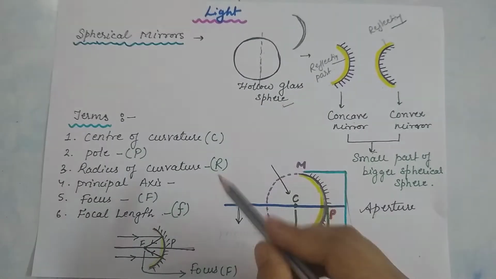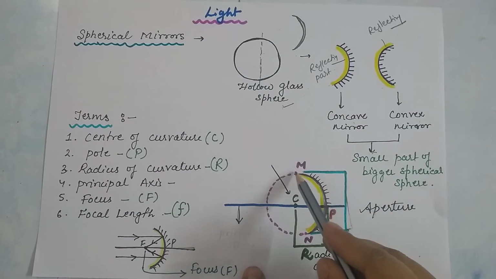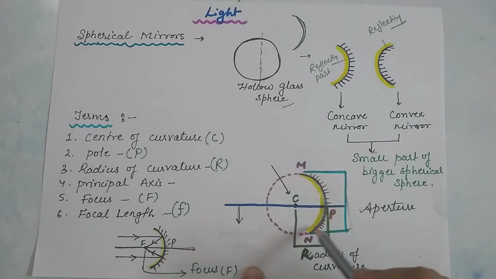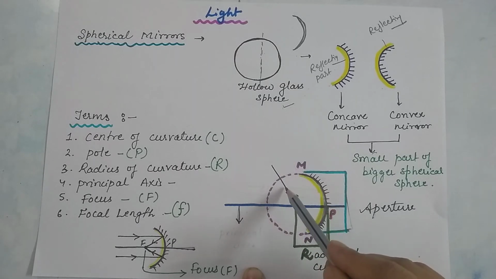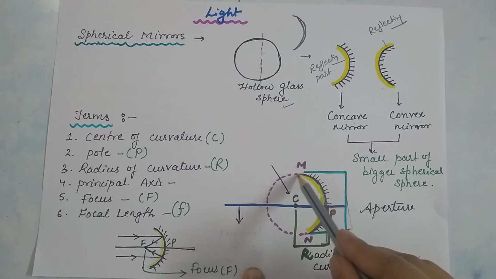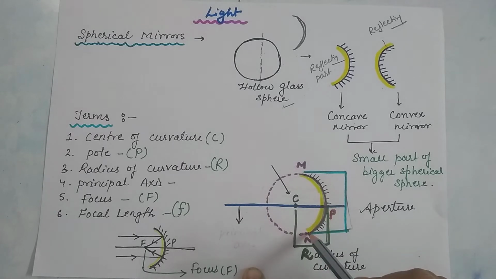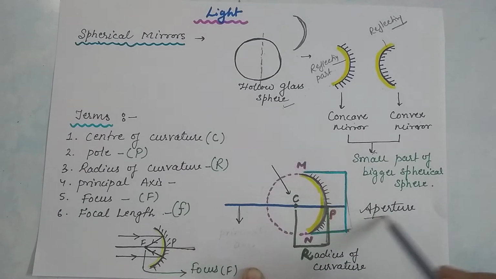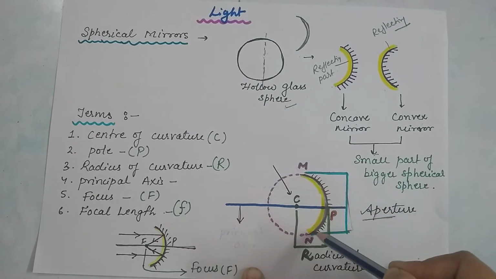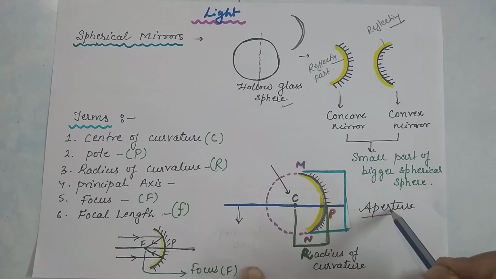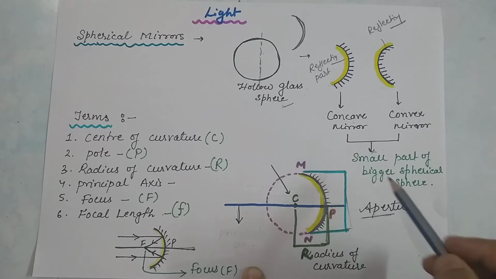I have already drawn a spherical mirror, from a hollow glass sphere, and a particular part we have taken, because not the whole sphere is used for the formation of the mirror. This part, from M to N, is called aperture.